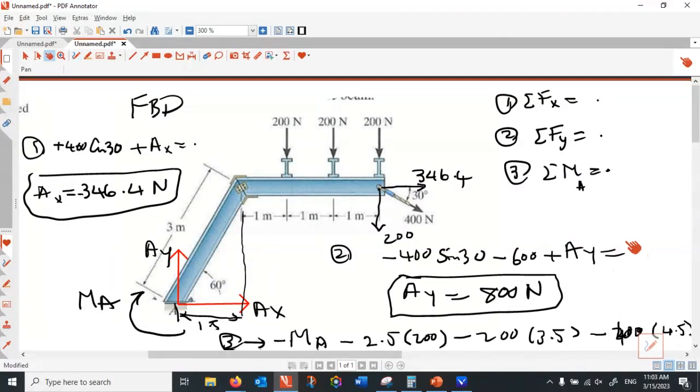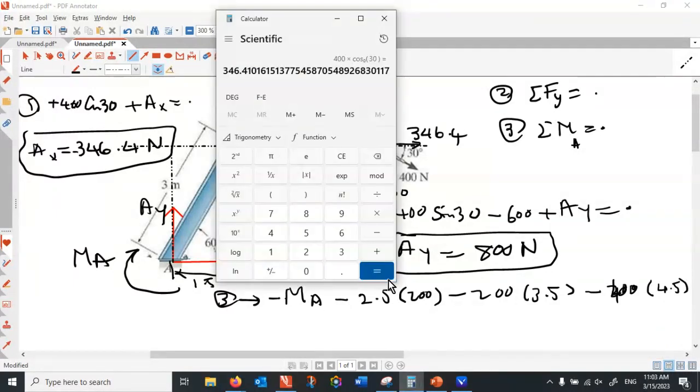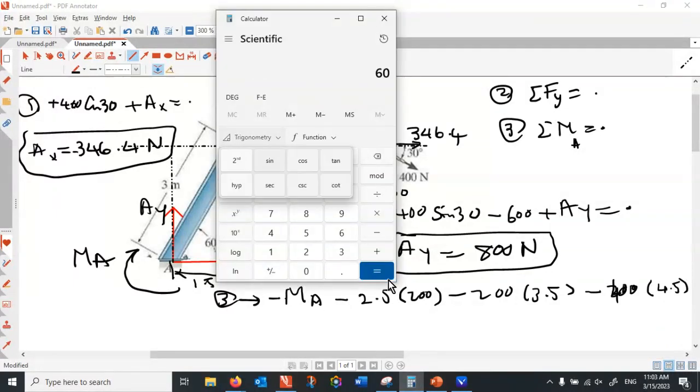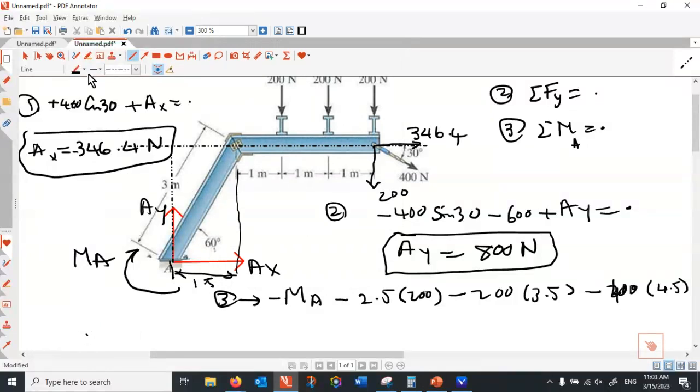Sorry for being lazy. And this one, what is the arm of rotation for that? For the arm of rotation, I need to make the line of action for this force. That is my line of action. And then from here, I draw a normal to that. So this side is 3 times sine 60, which is 2.6.